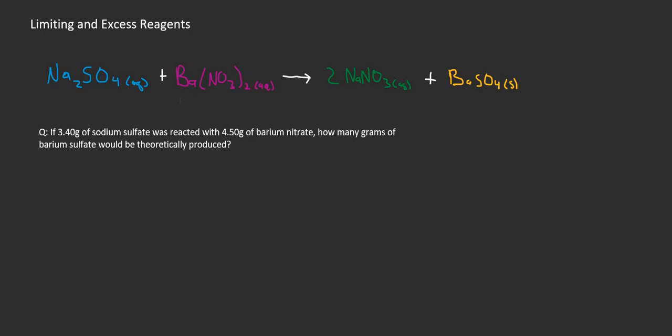So there's some stoichiometry that we have to do, because ultimately we want to get to grams of barium sulfate. We need to figure out which of these two reactants is the limiting reactant, because however much we can produce is determined by the limiting reactant. So we're just going to take this one step at a time.